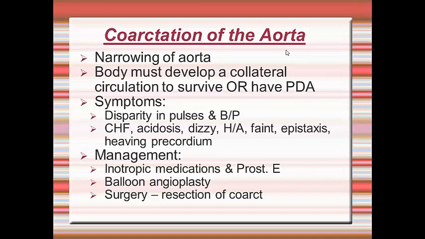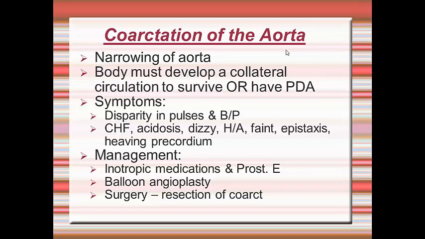So if we notice that the pulses in the arms are bounding, and the pulses in the feet are faint or weak, that would be a disparity in the pulses, and that would be something that we would definitely want to document and let the doctor know about.